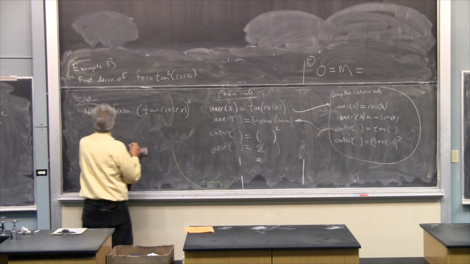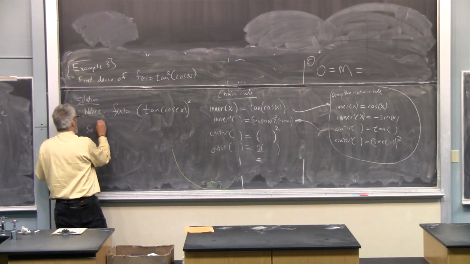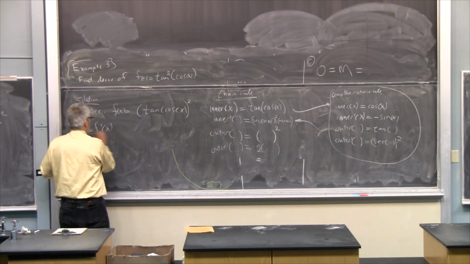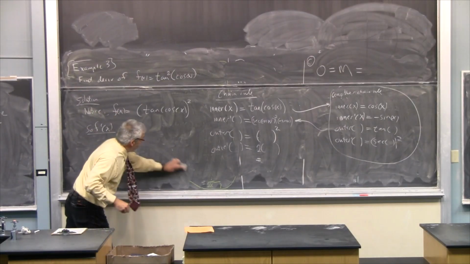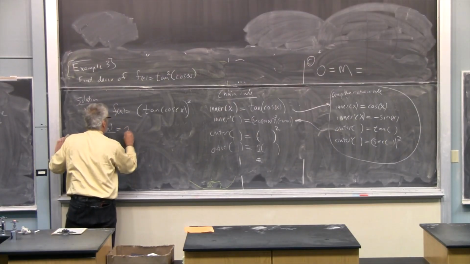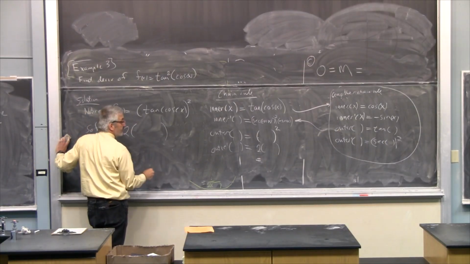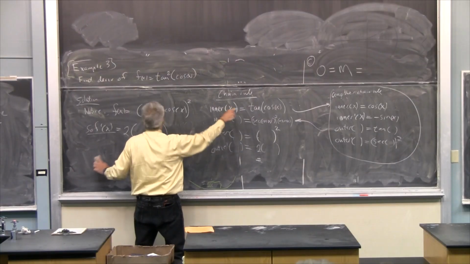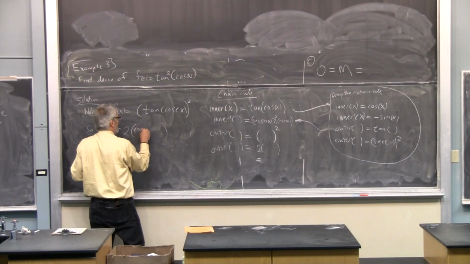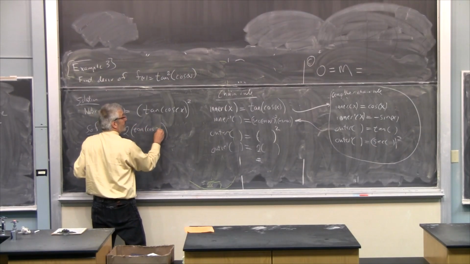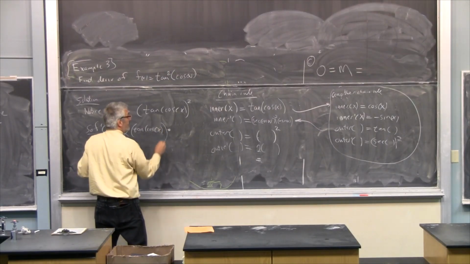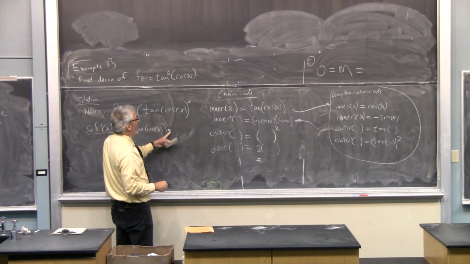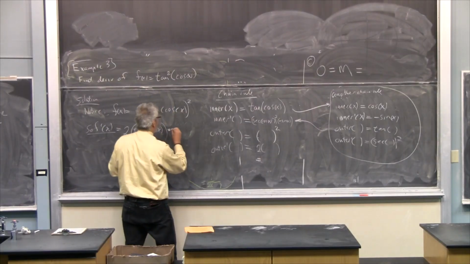I love it. So f prime of x is, I got to go get my great big outer function, 2 times parentheses. And I plug in my original inner function, tangent of cos x. And then I have to multiply by my inner prime, which is this mess.